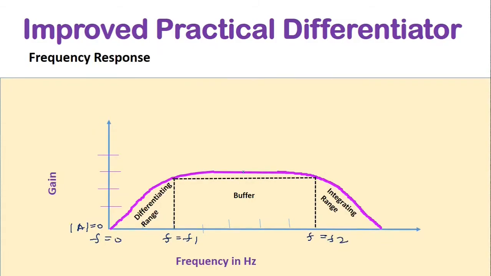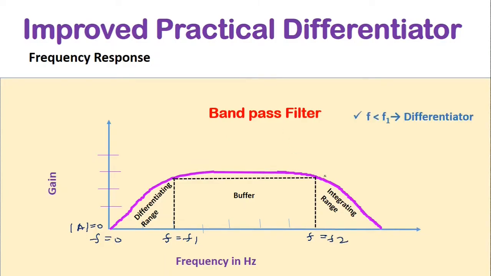These are the frequency response characteristics of the improved practical differentiator. From these characteristics we can say that they are the same as the frequency response of a band pass filter. Here from frequency f is equal to 0 to f1 the differentiating range is there, and from frequency f1 to f2 the circuit will act as a buffer, and after frequency f is equal to f2 the integrating range will be there.